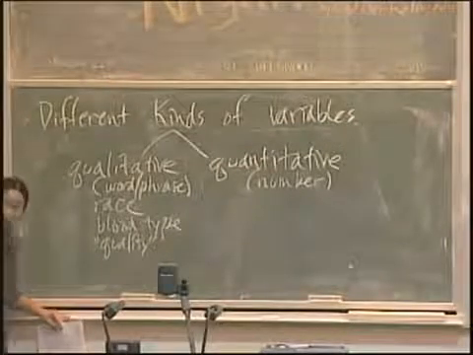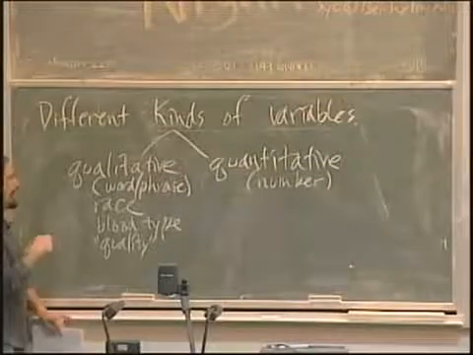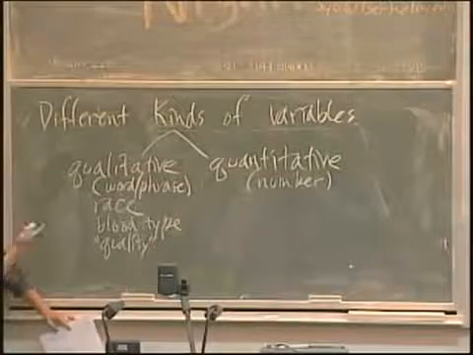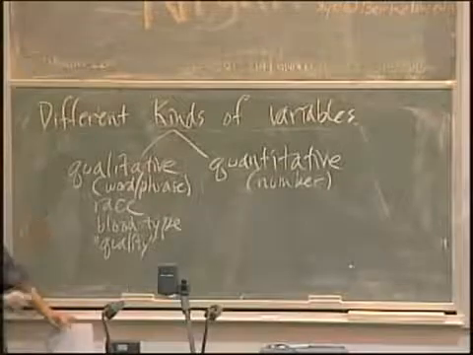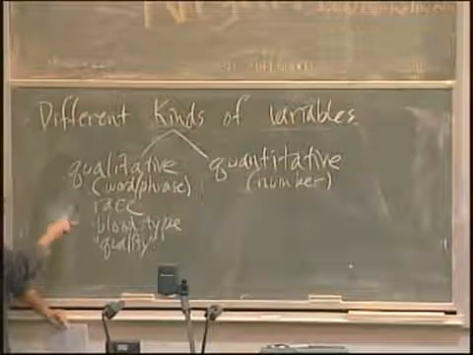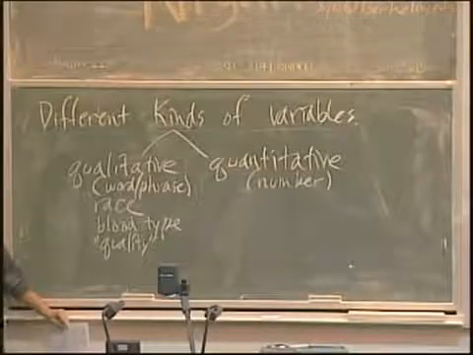Tall, short. So the variable I would describe as height. And height you might give a number for. You could group it into different categories by words, but I'm not inclined to write this here because in general when people talk about height as a variable, they would think about it as being quantitative.